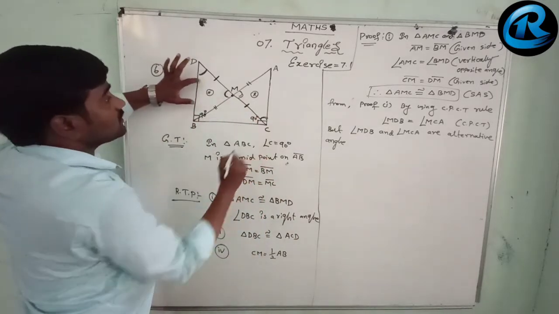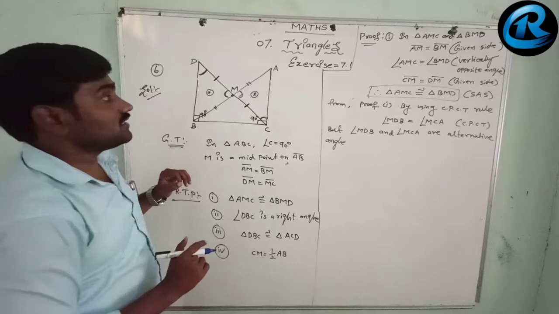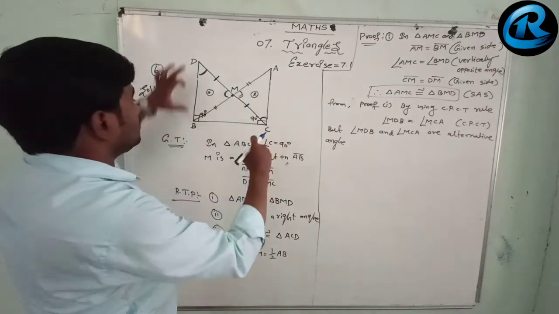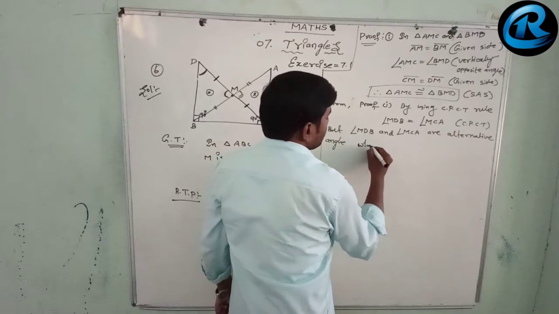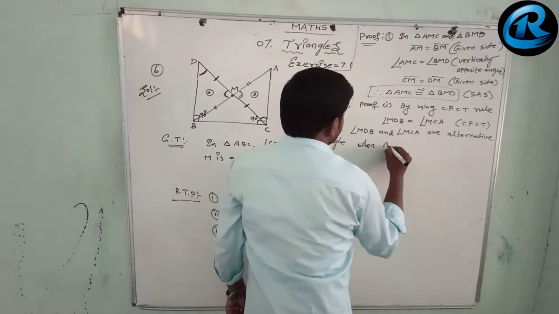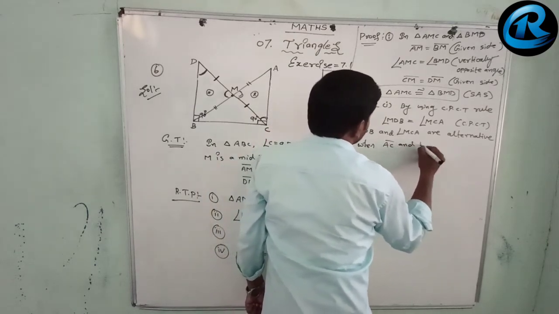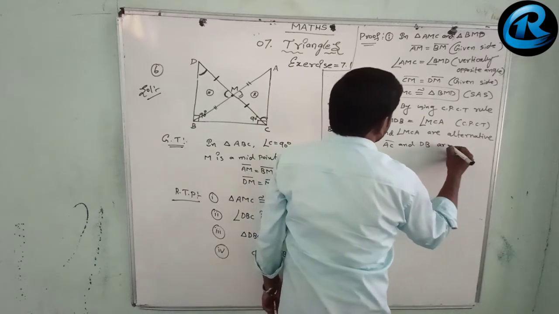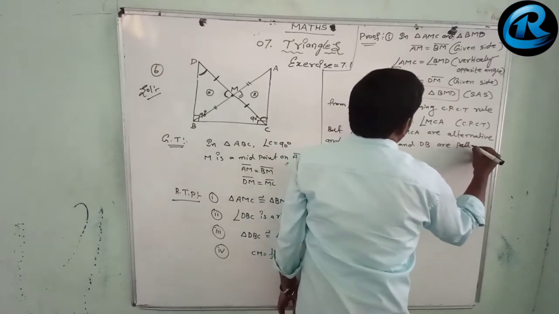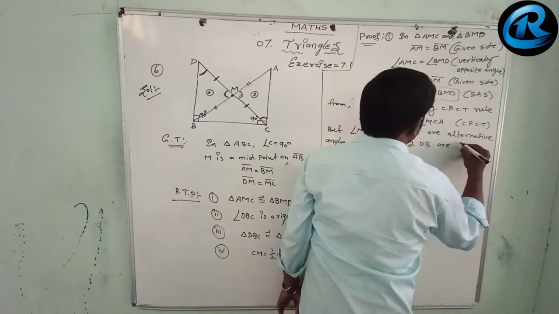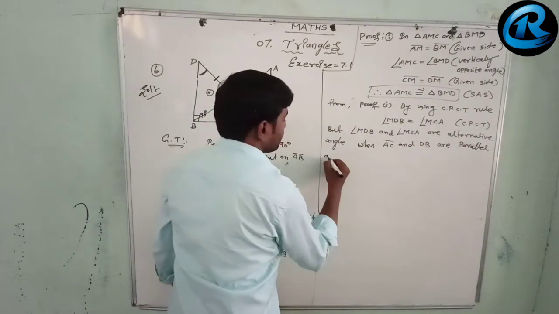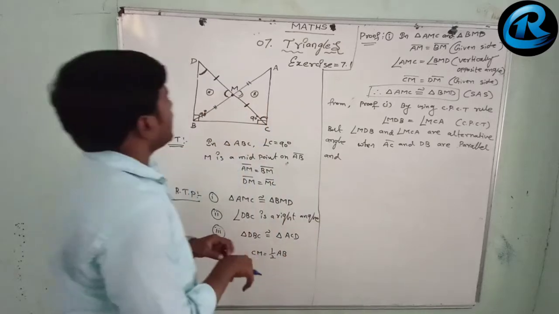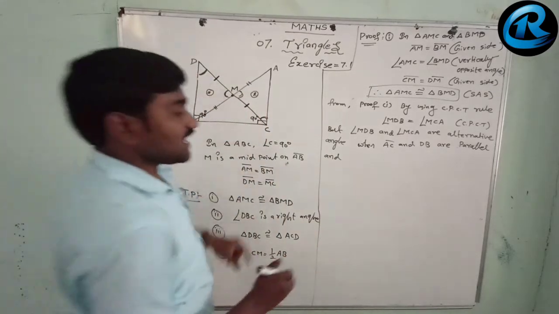See, these two angles are alternate angles when DB and AC are parallel, and CD is a transversal.